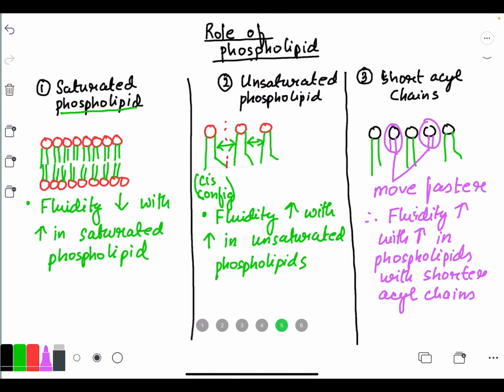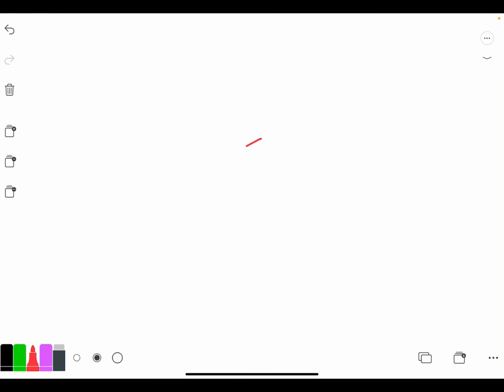For example, if you are doing a culture of a bacteria, right? Bacteria is being grown on a culture medium, and if the temperature is very low, right, low temperature, then at low temperatures the fluidity should decrease.